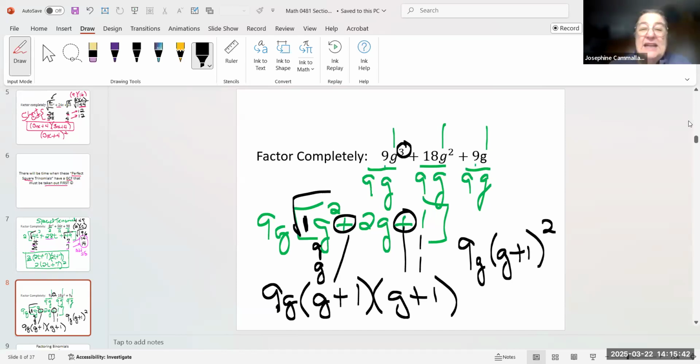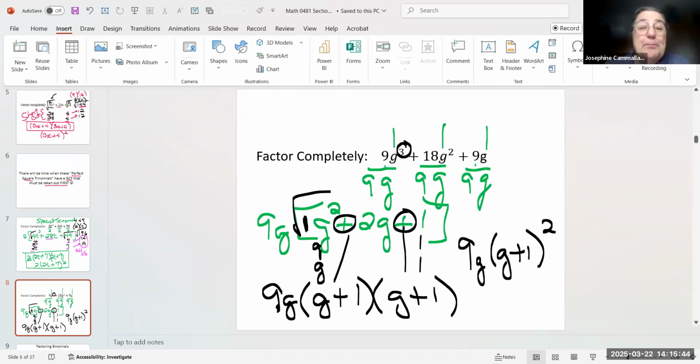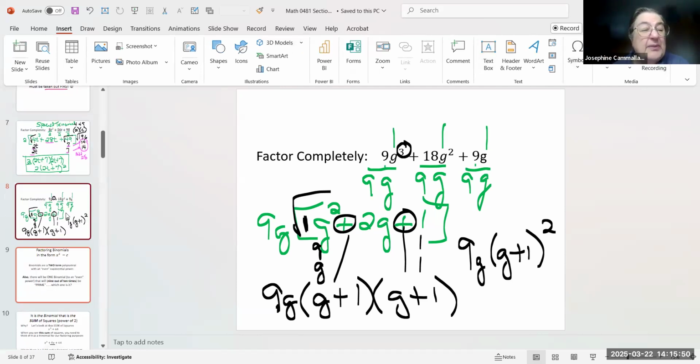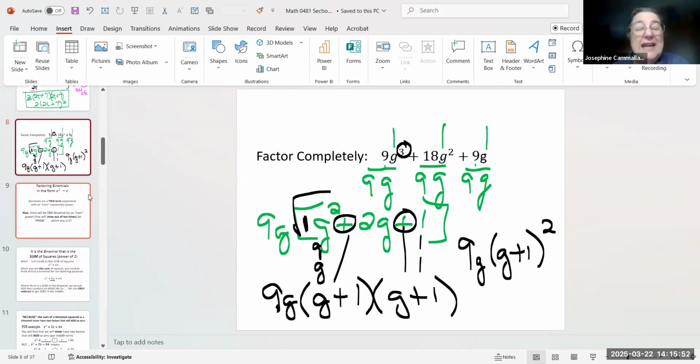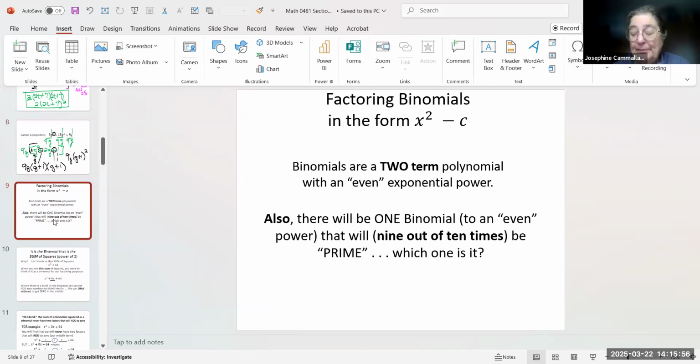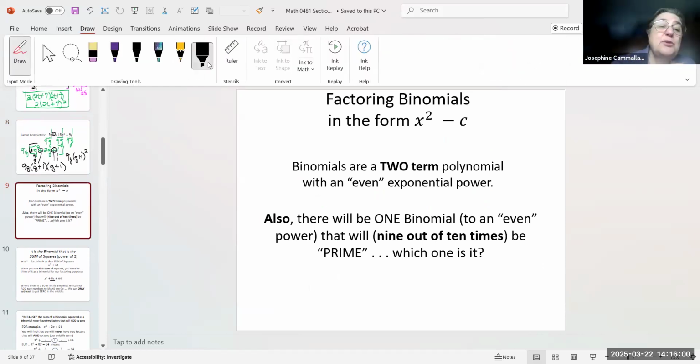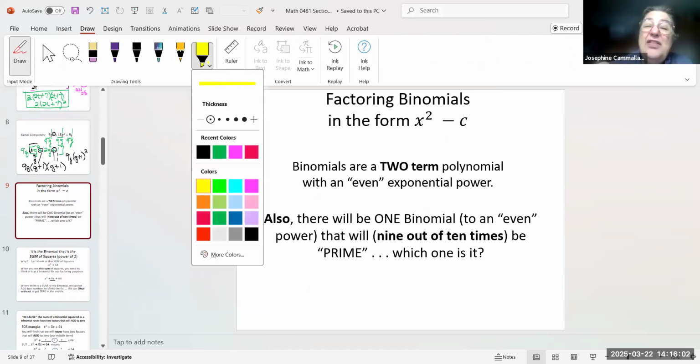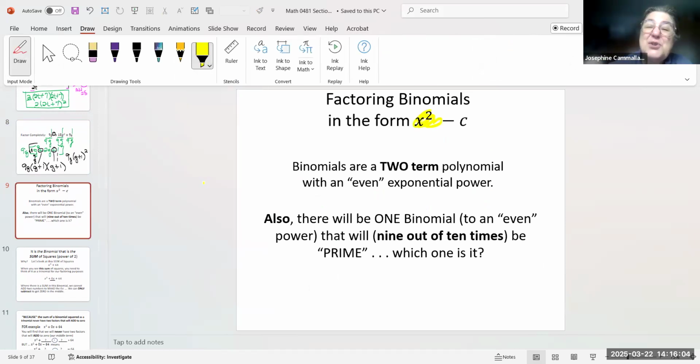Okay. Now, this is the perfect square trinomial, or what we call special trinomials. But we're now going to enter into the world of binomials. Now, I want you to put this in your brain. In the form of x squared minus c.